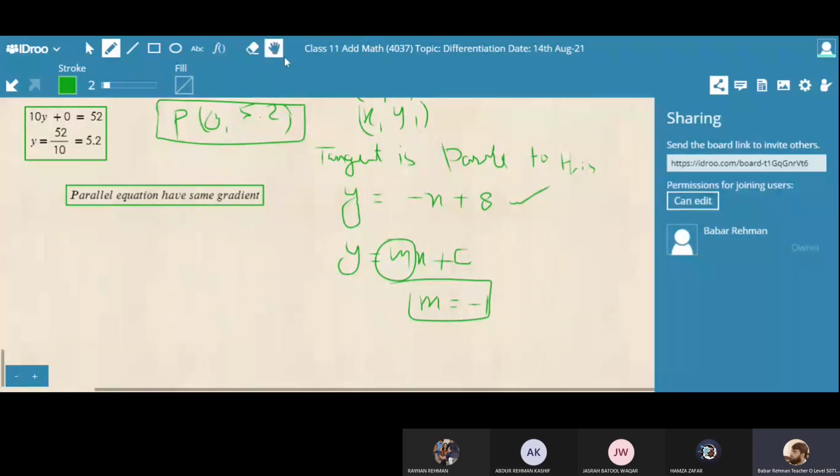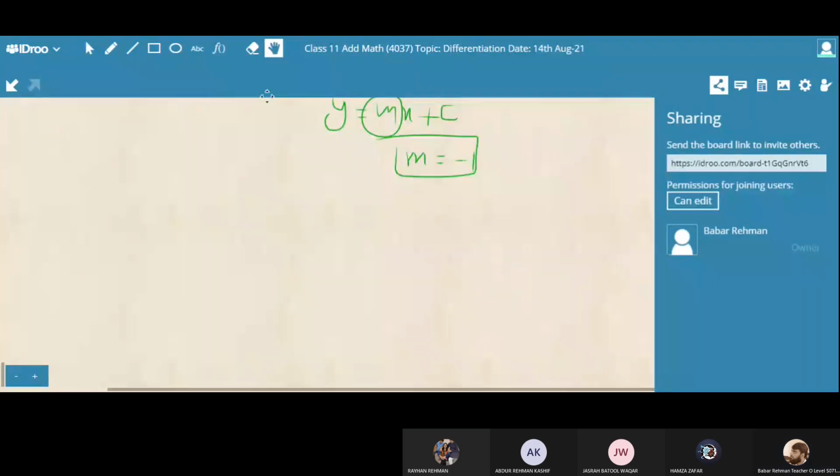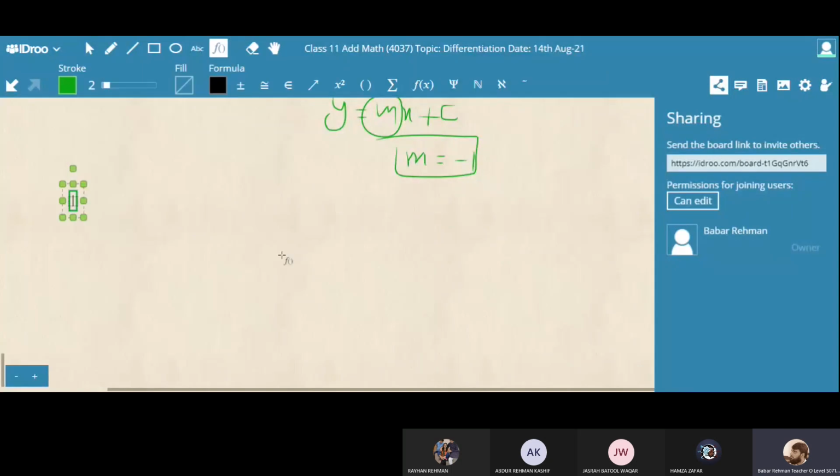Now I'm giving you one question with the same concept; you will have to answer in 5 minutes. And in the same way, if the tangent is perpendicular to this equation, the gradient will be the negative reciprocal.